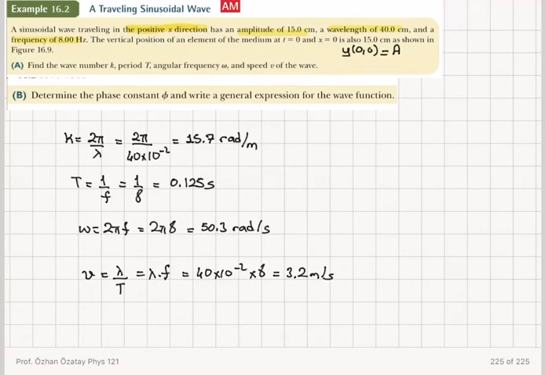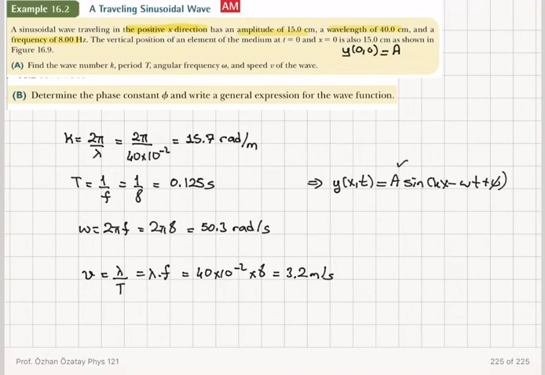So from all of this information, I have y of x,t is equal to A sine kx minus omega t plus phi. That's the general form for a wave that's moving in the positive direction, a sinusoidal traveling wave. And the amplitude is given.